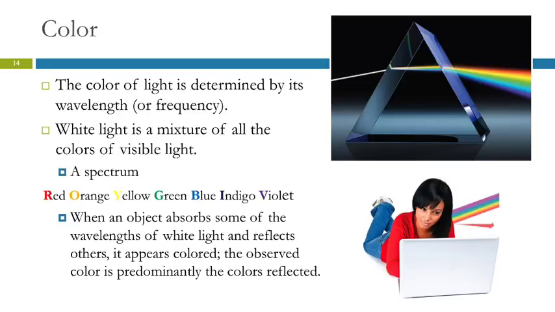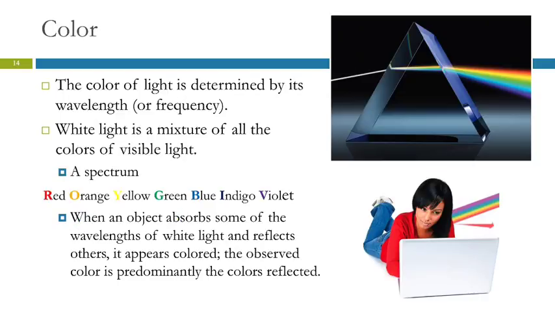They will be separated in the same way every time. So we see the rainbow here, and we see that red is on top and violet is on the bottom. And the order of the colors is all the same because the order of the wavelengths of those colors is the same. So it's red, orange, yellow, green, blue, indigo, violet.